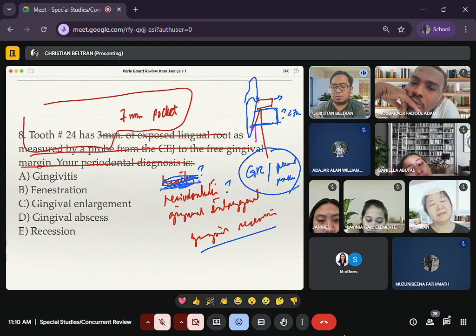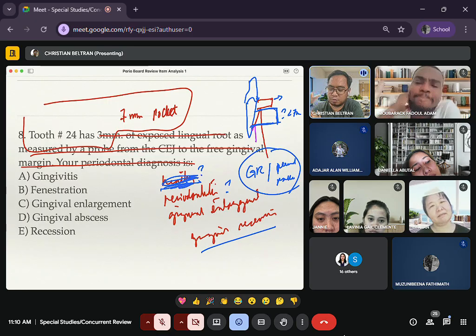Okay, especially if the tooth is long and the bone support is already there up to the apical third of the root, yes, it's possible that you would have a 7 mm reading here. And it's possible that you would also have gingival recession present here. Right?